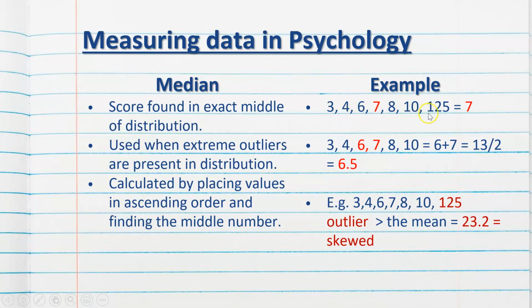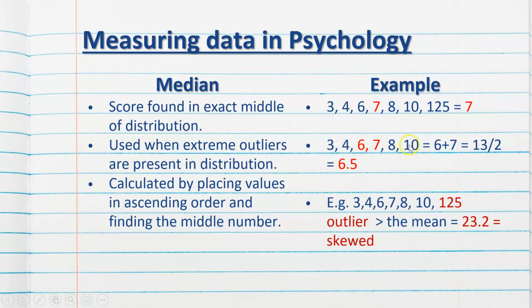Now, that's all well and good if we have an odd set of values like we do here. But what happens when we have an even set of values and there's no one middle number? Well, let's go down to dot point 2. So we have 3, 4, 6, 7, 8, 10. So as we can see, we have 2 middle numbers. All right, so 6 and 7 are the 2 middle numbers because there's 2 numbers below 6 and there's 2 numbers above 7.